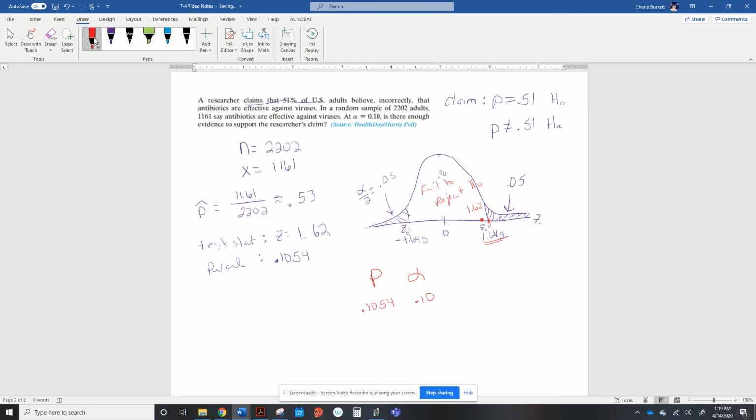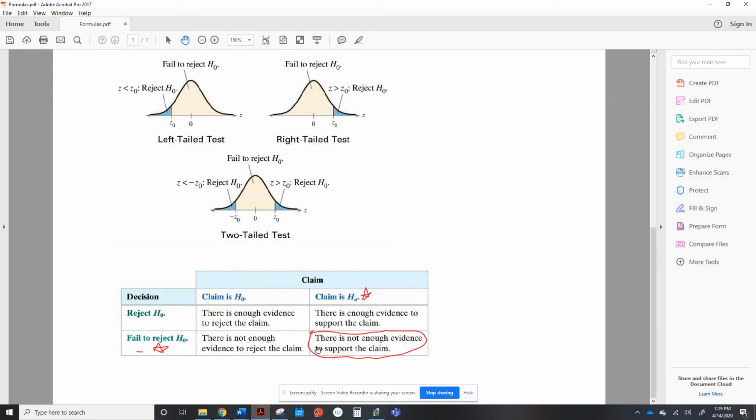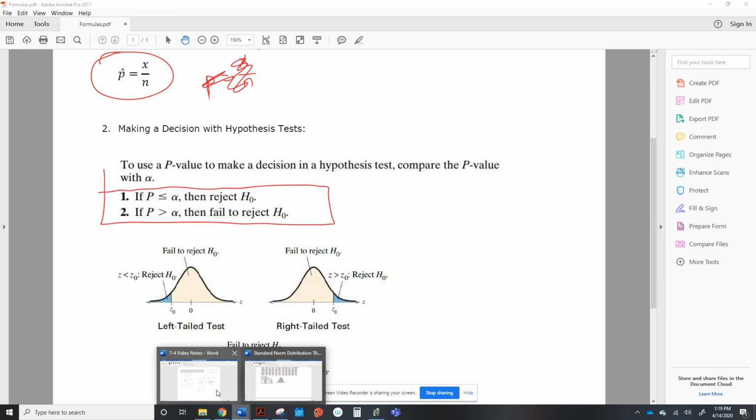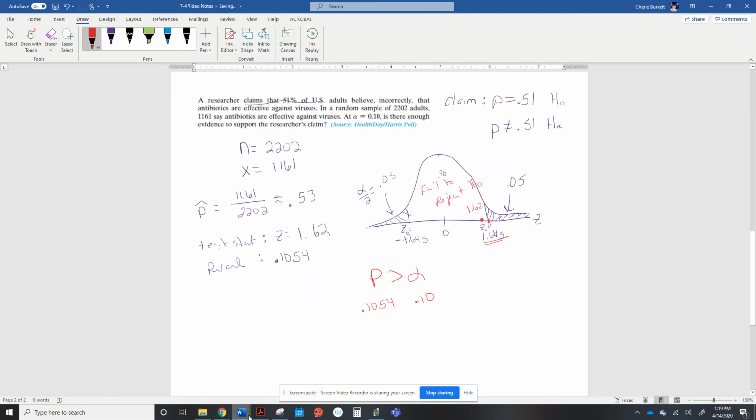So this p-value right here is bigger. And when p is bigger than alpha, we fail to reject. So with both situations, we fail to reject.